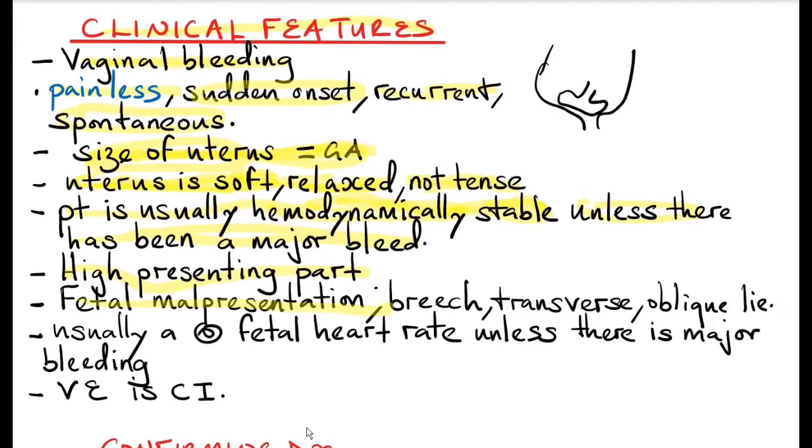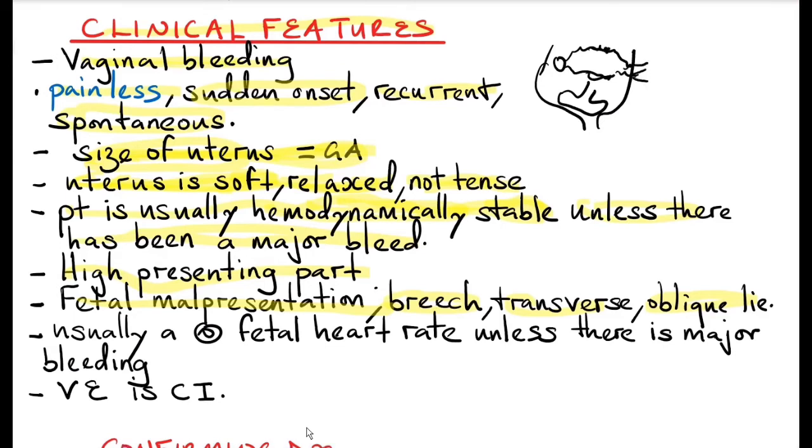Fetal malpresentation. The fetus might be in breech, transverse, or oblique lie. So breech is where you have your buttocks here. The head is up there. Okay. Whilst transverse lie is where you have a head here. The buttocks are either here or this side, and the legs are this side.